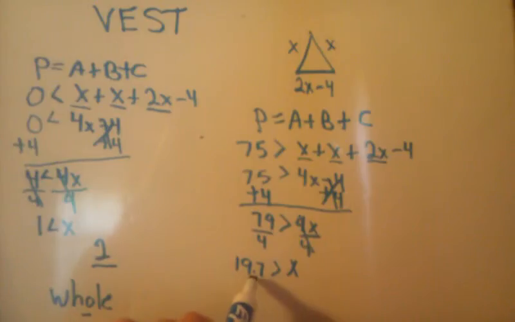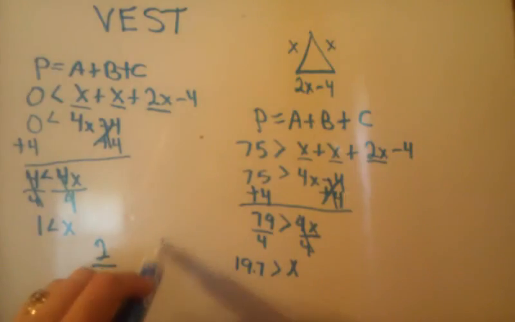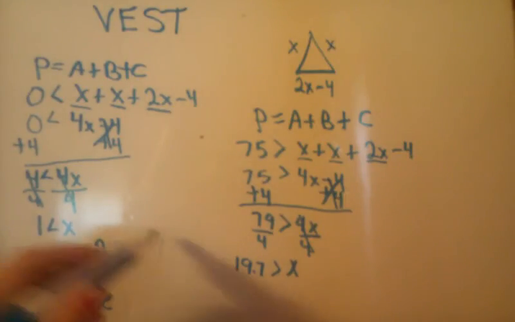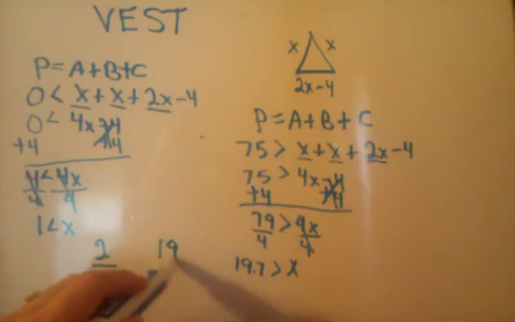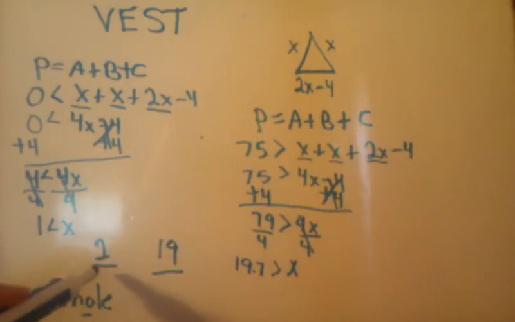The largest, I came up with 19.75, but this says this is a whole number. Decimals aren't in whole numbers. So the largest it can be is 19. Now, somehow on your computer it doesn't have 2.